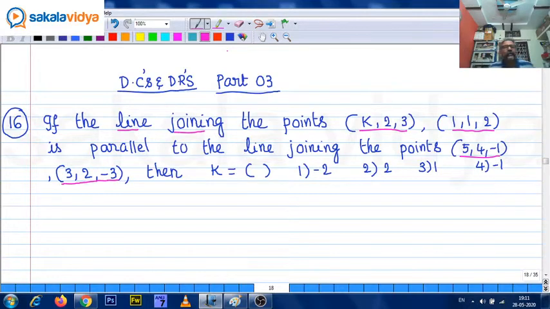Here first we need to find out the direction ratios of the first line joining the points k comma 2 comma 3 and 1 comma 1 comma 2, and next we need to find out direction ratios of second line joining the points 5 comma 4 comma minus 1 and 3 comma 2 comma minus 3. Since they are parallel, a1 by a2 equals b1 by b2 equals c1 by c2. So this is the plan to be adopted.